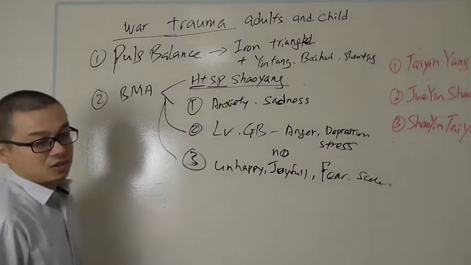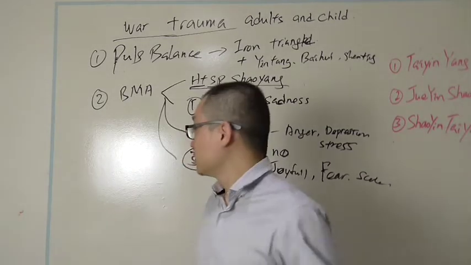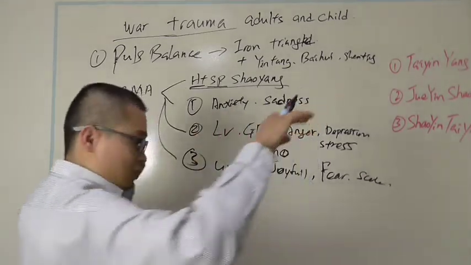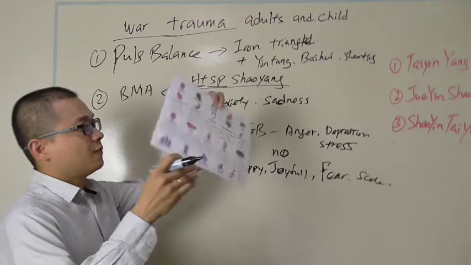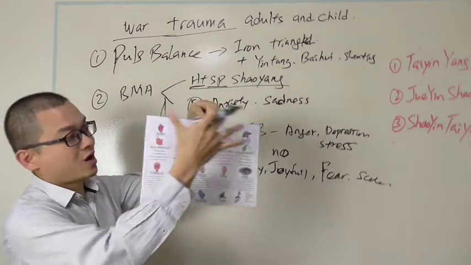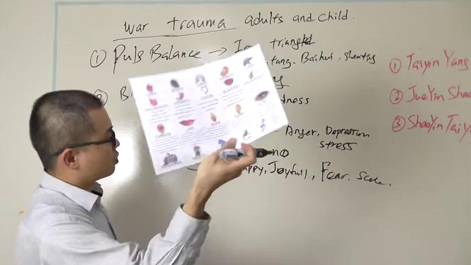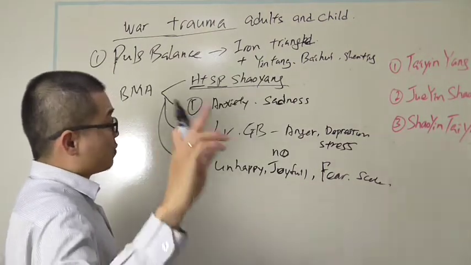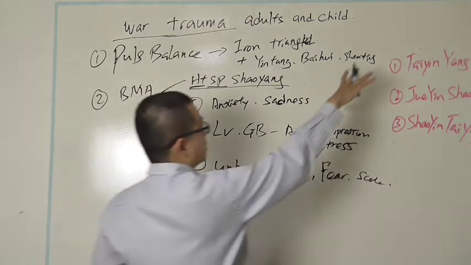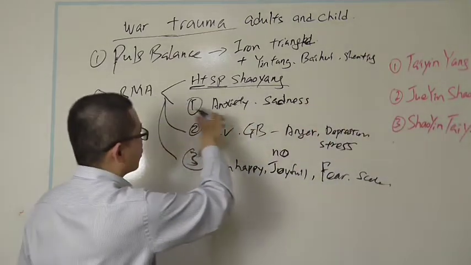And then the points. Over here, I'm just pointing out acupuncture 1, how you go to acupuncture 1 using this chart. Then acupuncture 2, you can choose here 3 of them.